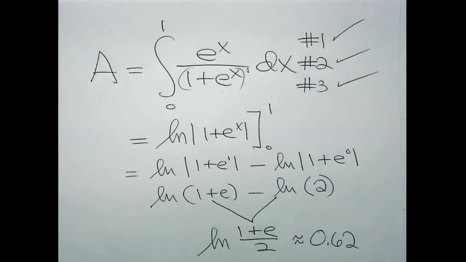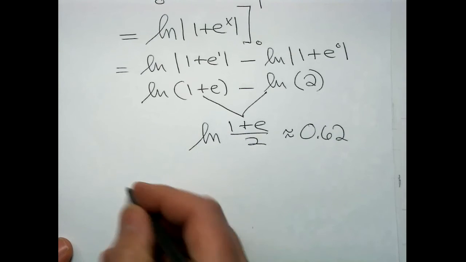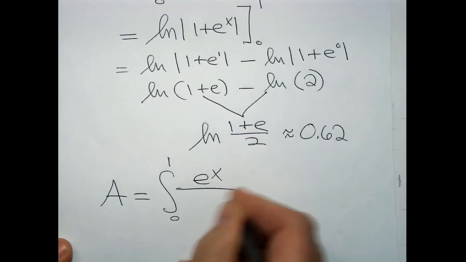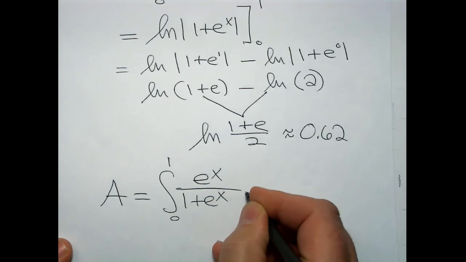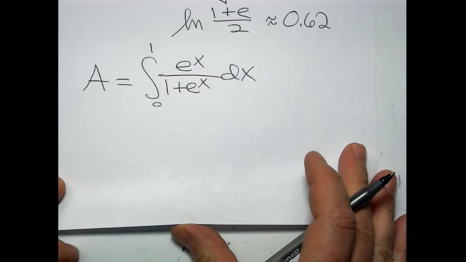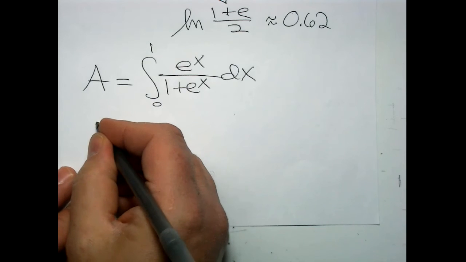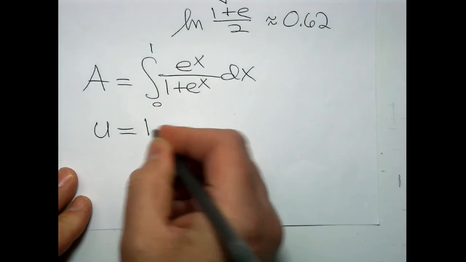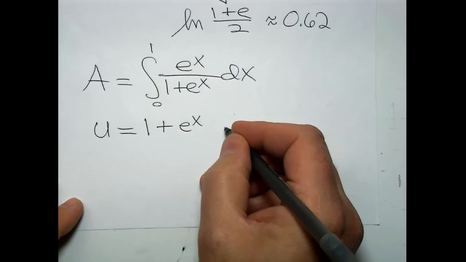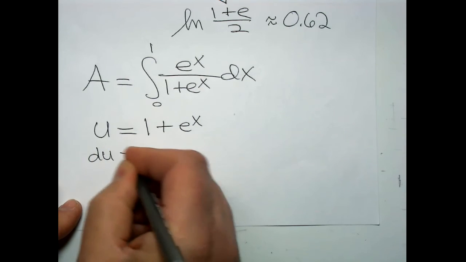Now, what if you forgot the three-step checklist? Let's try this again. Integrate from 0 to 1, e to the x over 1 plus e to the x. Now, one of the guidelines we've also learned, when it's a fraction, is to try u equals denominator. That was another option we had. Autopilot, we take our derivative right away.